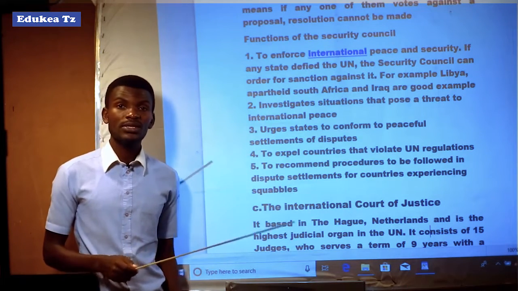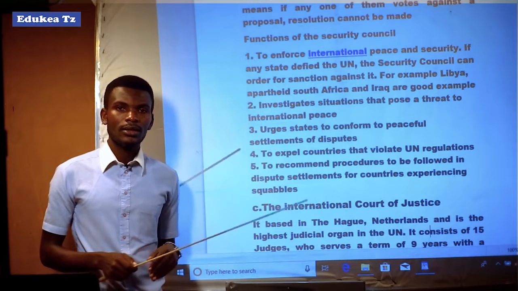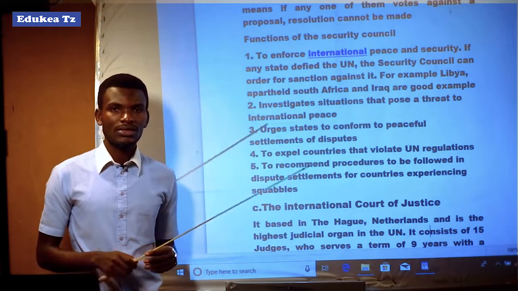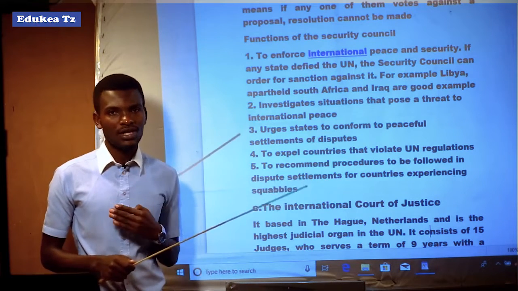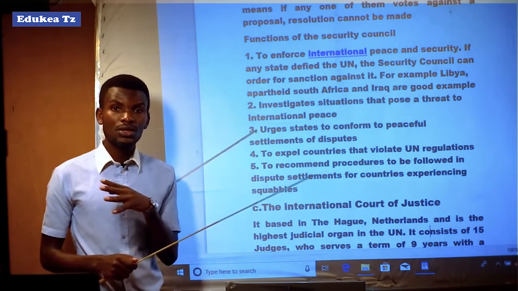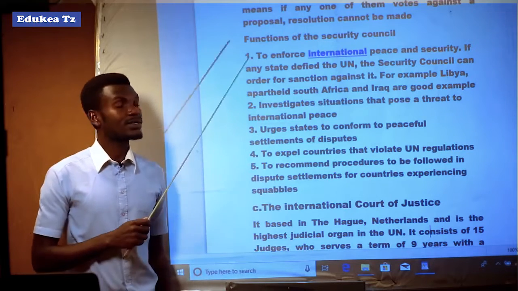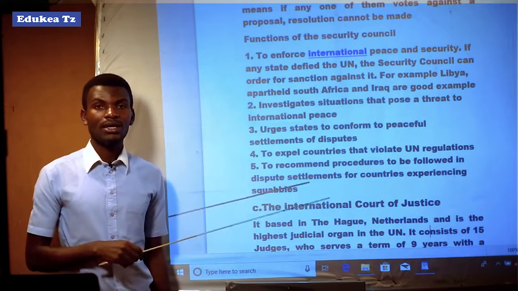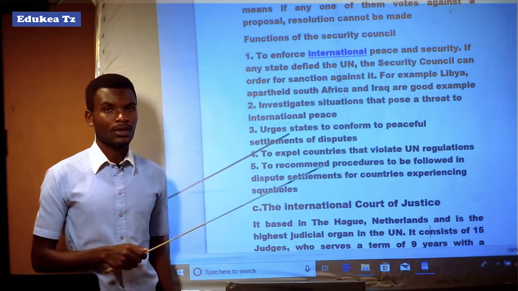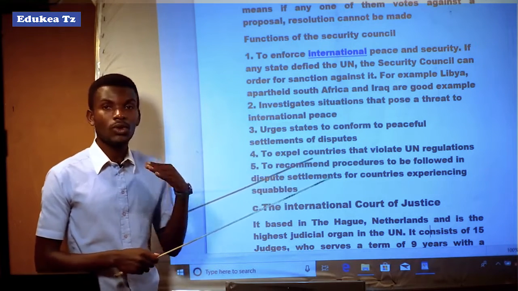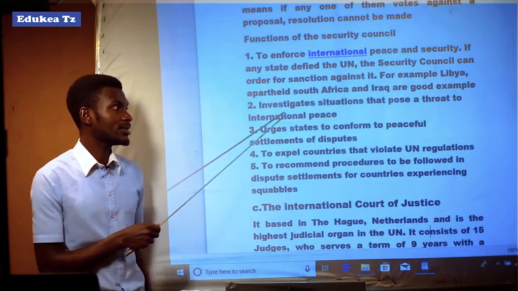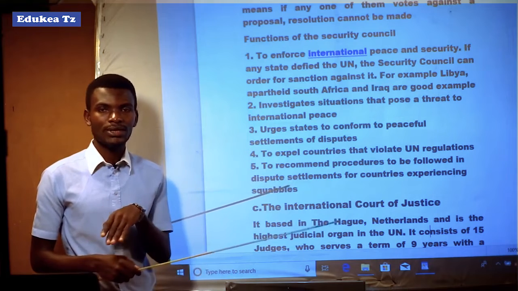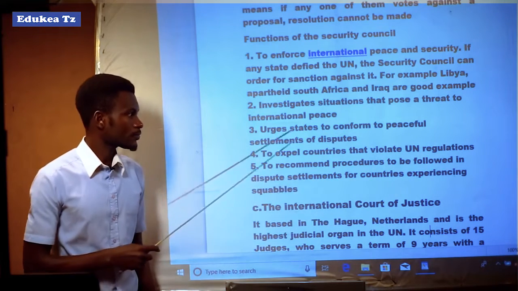The best example is the issue that is ongoing, concerning Russia and Ukraine. The UN is investigating the situation concerning that event. So the Security Council is at work now, investigating the chief source of the conflict between Russia and Ukraine.